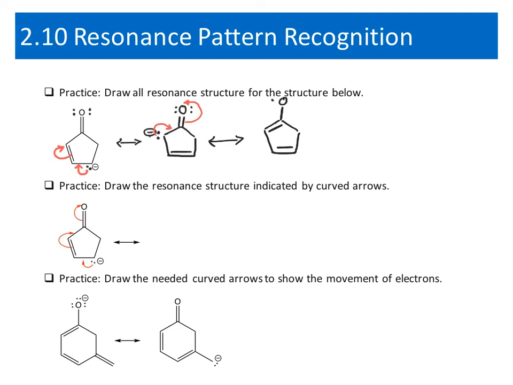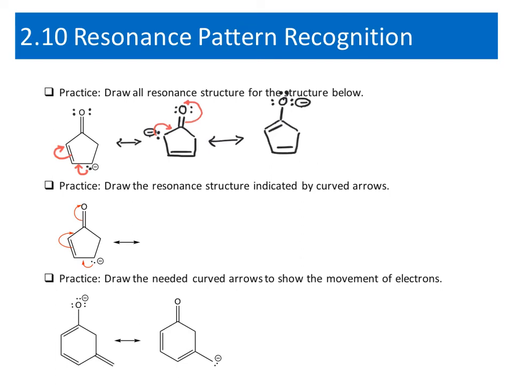and then oxygen already had two lone pairs of electrons on it, and then a new pair by moving by this arrow. Then I need to calculate the formal charges. So oxygen, monovalent oxygen with three lone pairs of electrons, is always negatively charged.